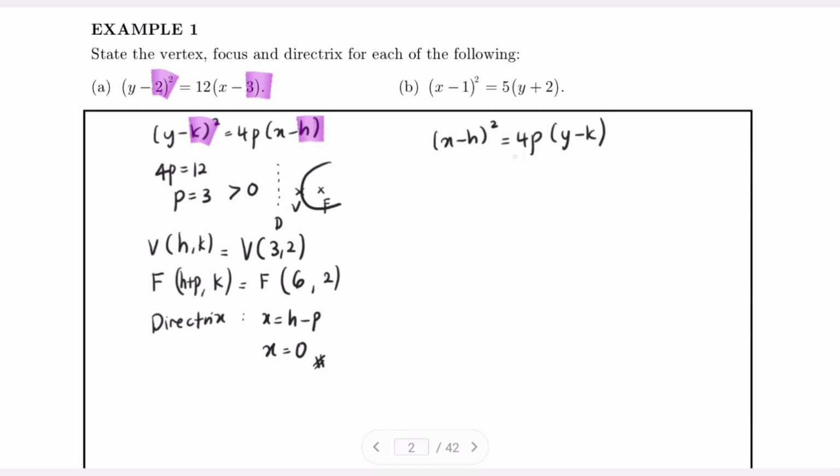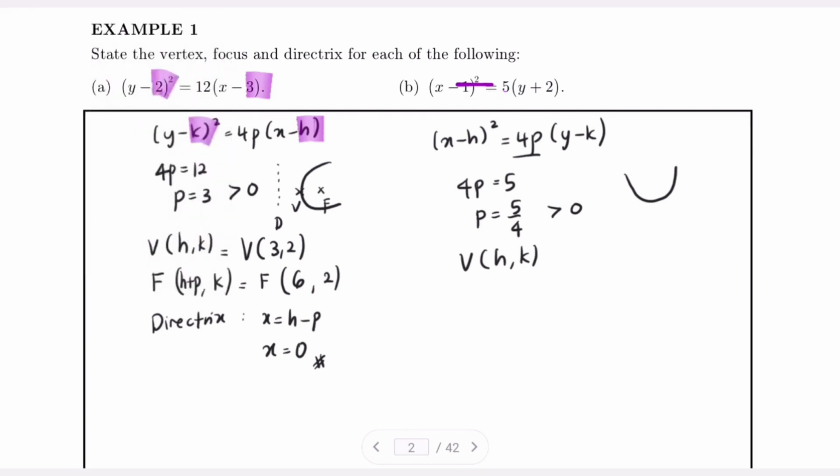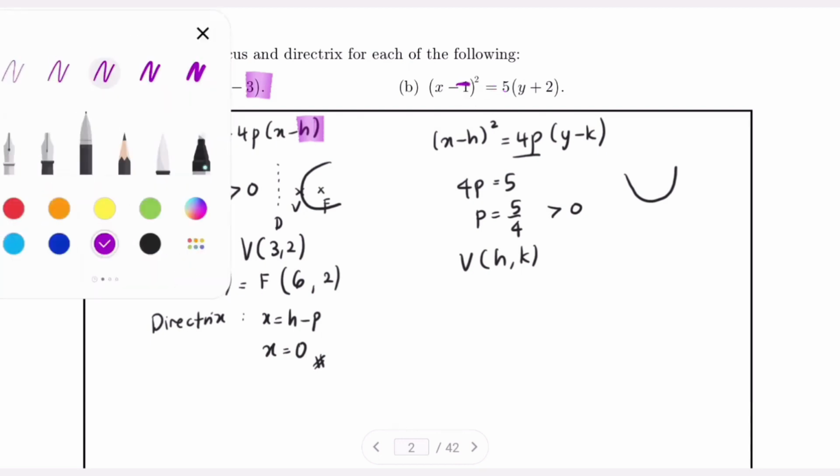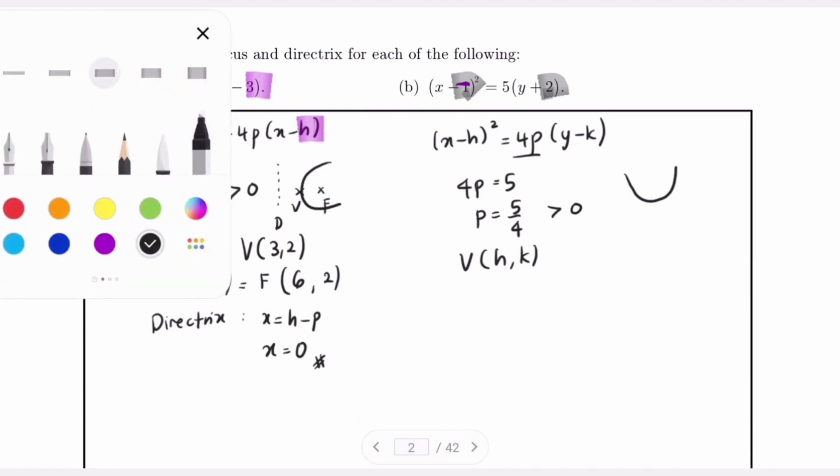We notice that 4p equals 5, so p equals 5 over 4. P is also greater than 0, but this time it opens upward. So let's find out the values of the vertex by comparing. The h will be 1 and the k will be negative 2.